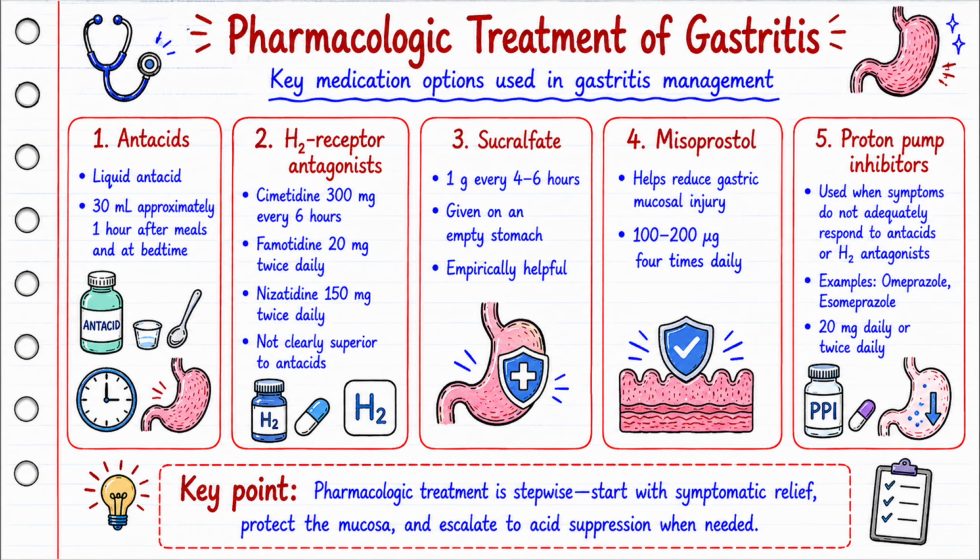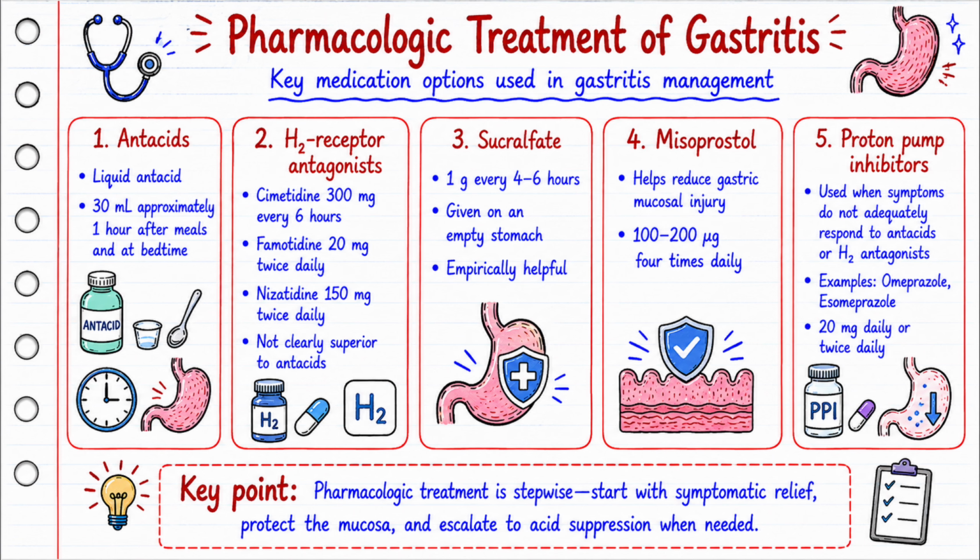Moving on to pharmacologic treatment, several groups of medications may be used depending on the underlying cause and severity of symptoms. Antacids can provide rapid but temporary symptom relief by neutralizing gastric acid. H2-receptor antagonists, such as famotidine, reduce gastric acid secretion. Proton pump inhibitors, including omeprazole and esomeprazole, provide stronger and more sustained acid suppression and are commonly used when symptoms are more significant.